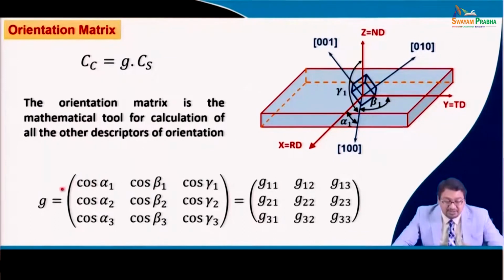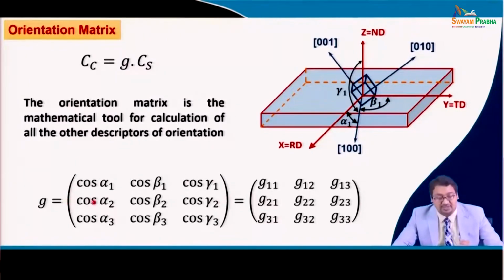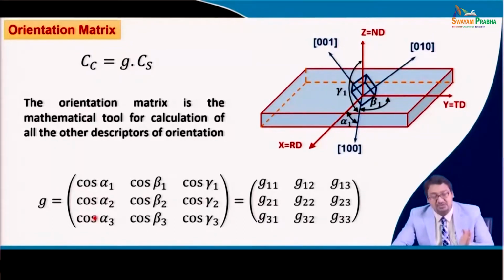Here in the horizontal, the 100 axis is constant for the first row, where I am pointing out. In the second one 010 is constantly related with R d, T d and N d. In the third one 001 is related to R d, T d and N d.